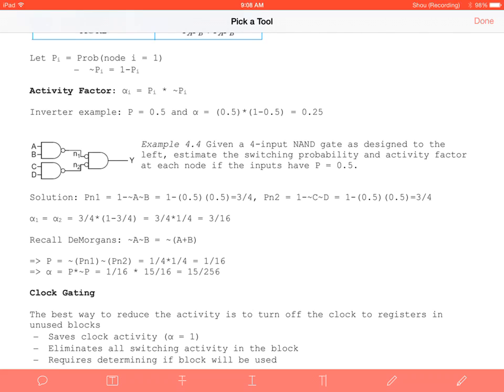That makes sense because there's only one instance, all ones, where you'll get that one output. And that makes sense also because 1 over 16, there's only one of the 16 possible output combinations that will give you a logic 1 on the output. So that's that switching factor. Because it goes from a 0 to a 1, that's the switch, that's dynamic power consumption, and being able to calculate this will help you design better chips.